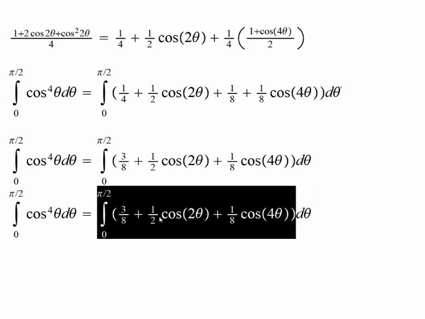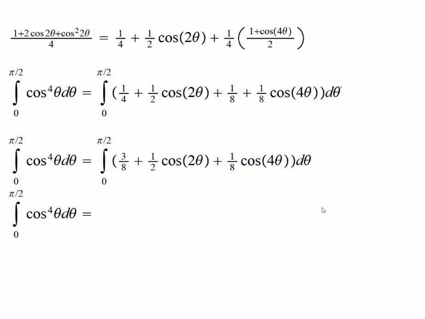We will have simply, if we write the antiderivatives, then you can also see this will involve sine of 2 theta, this will involve sine of 4 theta, which will be 0 at both these limits, but still let's go ahead and finish it. Okay, so here we go. So we get 3/8 of a theta, right?